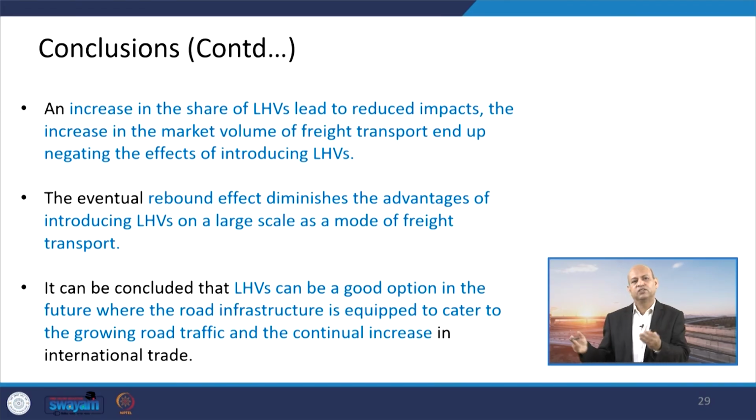So, with larger volumes, of course the total impact may increase. The eventual rebound effect diminishes the advantages of introducing LHVs on a larger scale of freight transport. That means we have to explore other freight transport modes in parallel to road transportation. Relying on road transportation may not help in that regard, even if you go for LHVs.